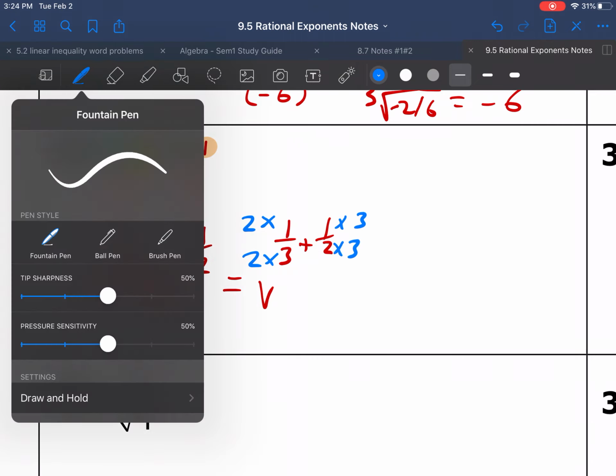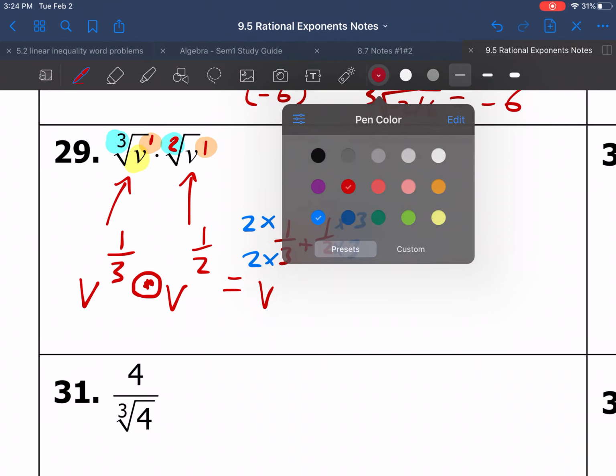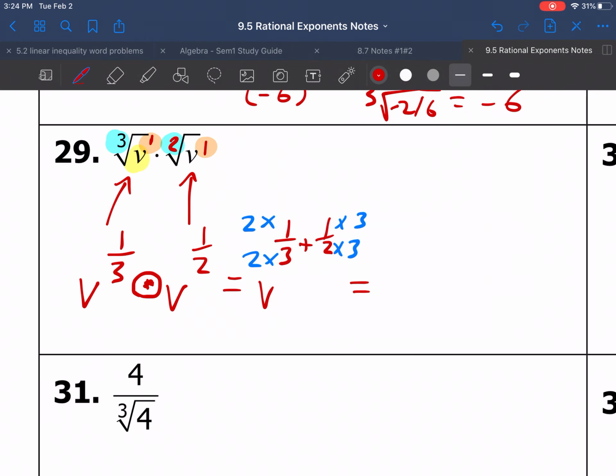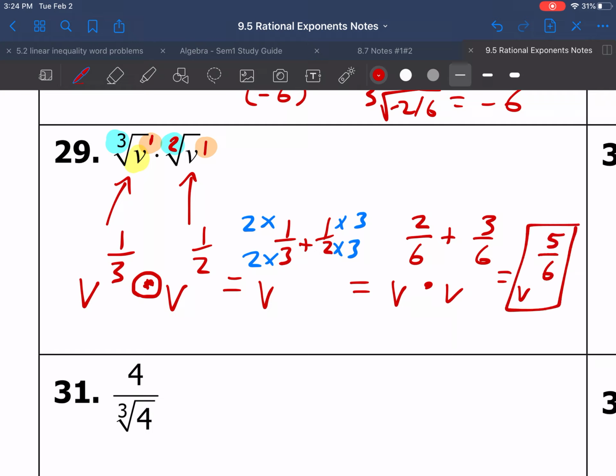So that would actually end up getting me, if I change back to red, a v raised to the 2/6 power times a v raised to the 3/6 power, which is a v raised to the, remember, you're adding these up to multiply, 5/6 power, and that's like this.